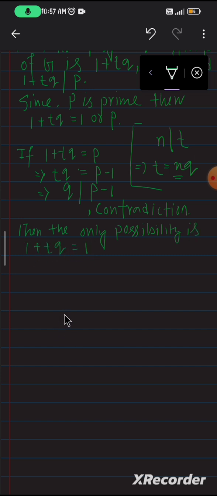Okay. So what do we see? We see that 1 plus TQ equals 1. That is, the number of Sylow Q subgroups is 1. That is unique. Then we can say that it is a normal subgroup.